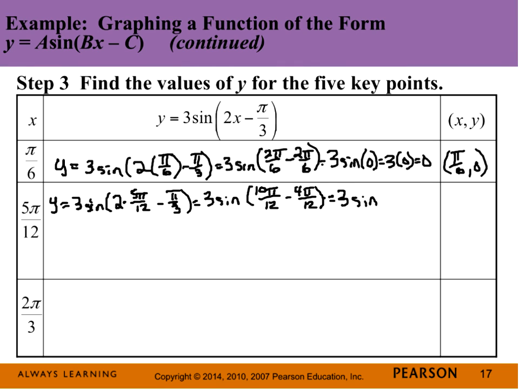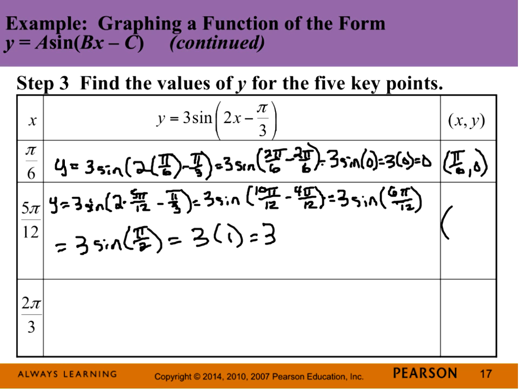And that equals 3 times the sine of 6 pi over 12, which equals 3 times the sine of pi over 2 when I divide a 6 out of both of them. And the sine of pi over 2 is just 1. So I have the point 5 pi over 12 and 3.